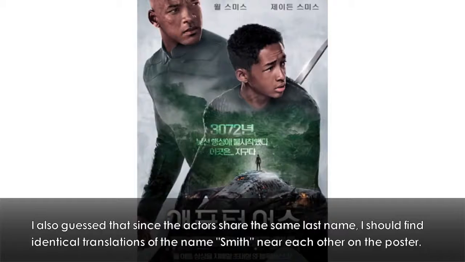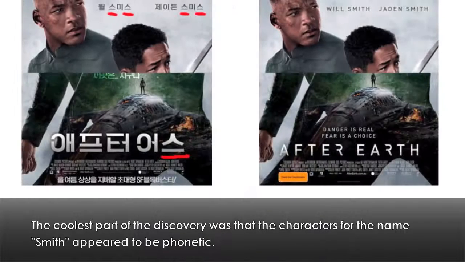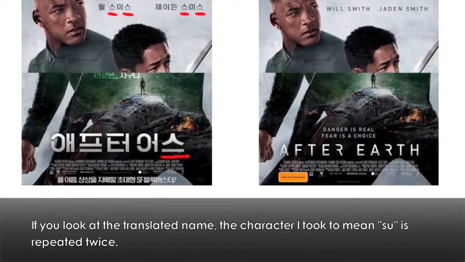I also guessed that since the actors share the same last name, I should find identical translations of the name Smith near each other on the poster. And that's exactly what happened. The coolest part of the discovery was that the characters for the name Smith appeared to be phonetic. If you look at the translated name, the character I took to mean Sue is repeated twice.